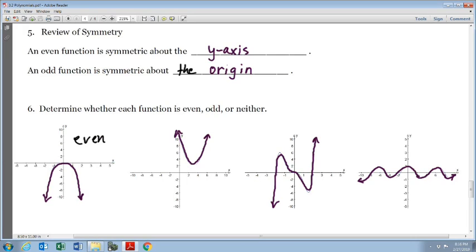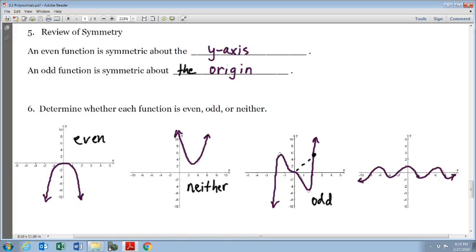All right, so the first one certainly has y-axis symmetry, and so we're an even function there. Now the second one, be careful, it does have an axis of symmetry. It looks like a parabola, but we don't have y-axis symmetry, and we don't have origin symmetry, so in this case you would say neither. Notice the third one here actually has origin symmetry, and so this one is odd.